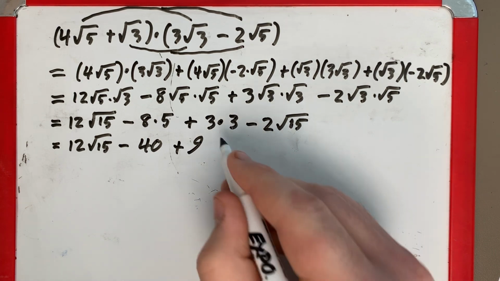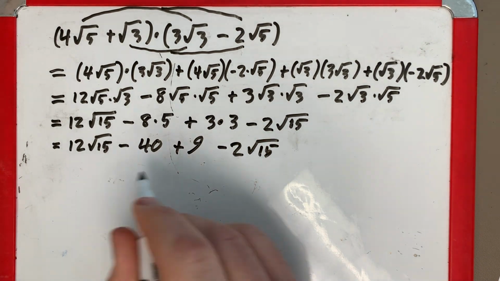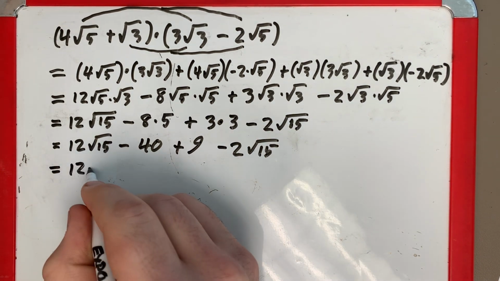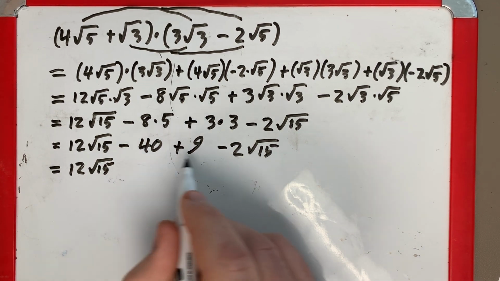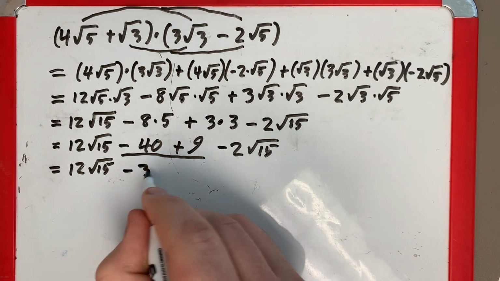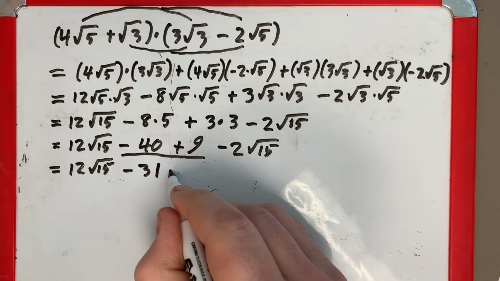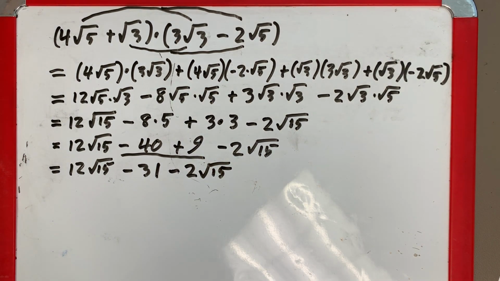And now we have this minus 2 root 15 to worry about. So we just carry that along. Combine yet again. So we have 12 root 15 minus 40 plus 9. So let's combine these guys. That gives us minus 31. And then we have a minus 2 root 15. So we're just carrying that along. Just simplifying, combining things where we can.